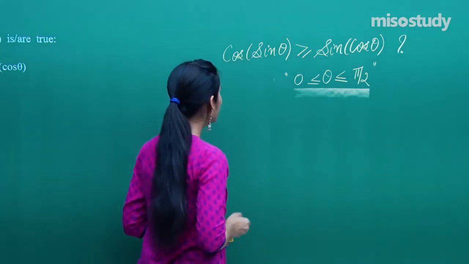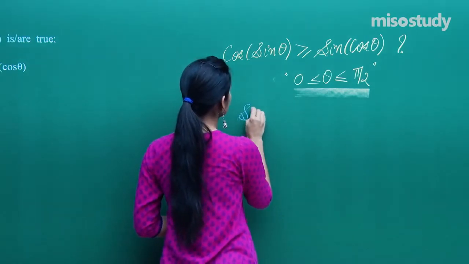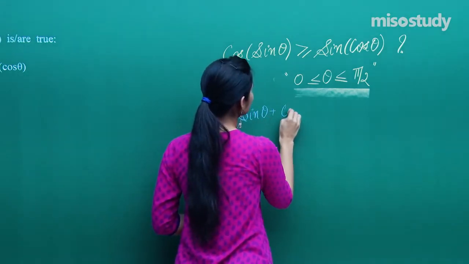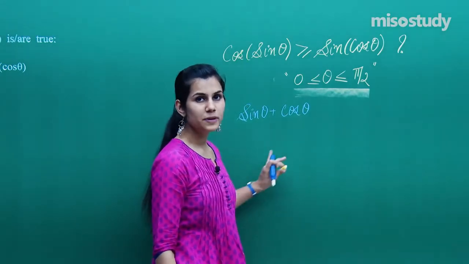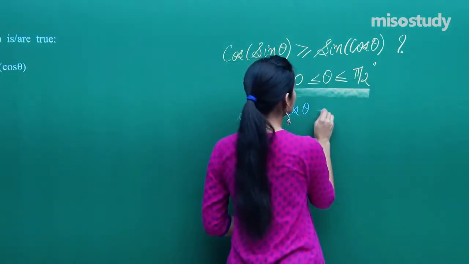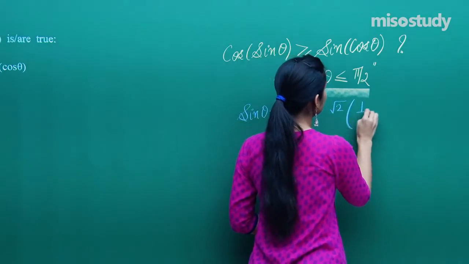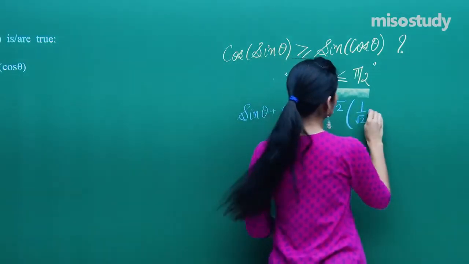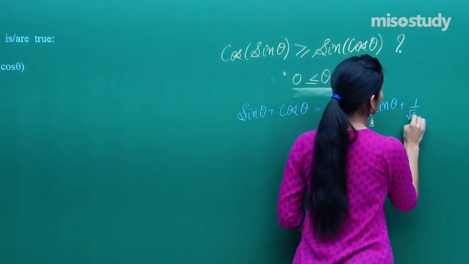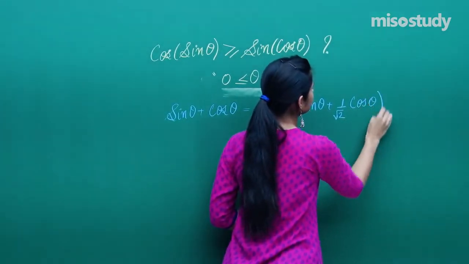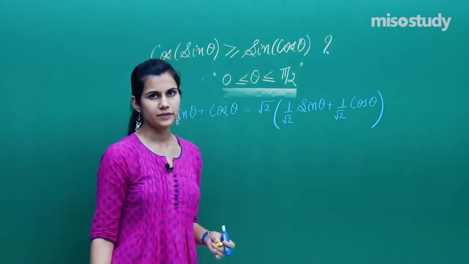So over here, if I consider sine theta plus cos theta, there is a very famous fashion in which this expression can be written, which is root 2 times 1 by root 2 sine theta plus 1 by root 2 cos theta, alternatively.